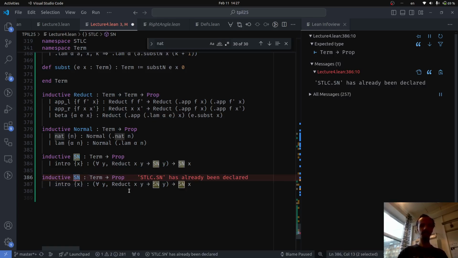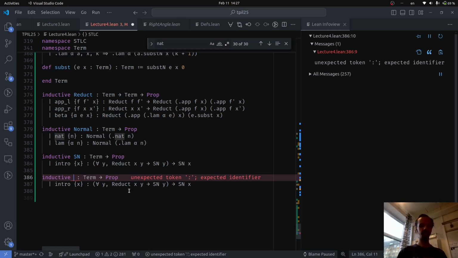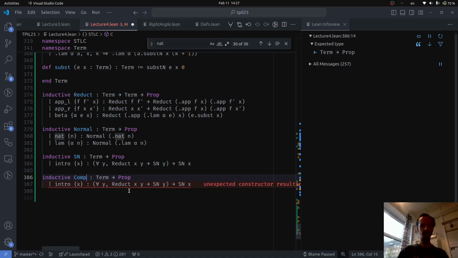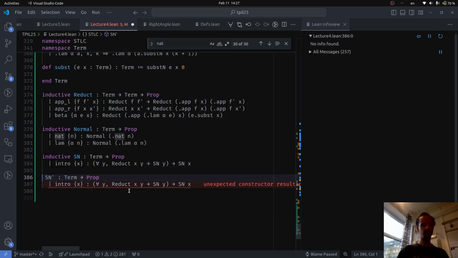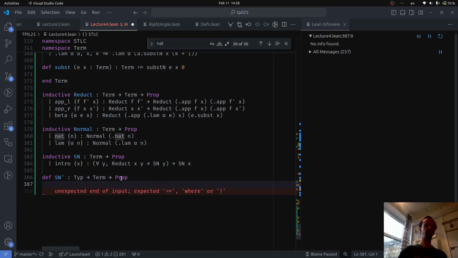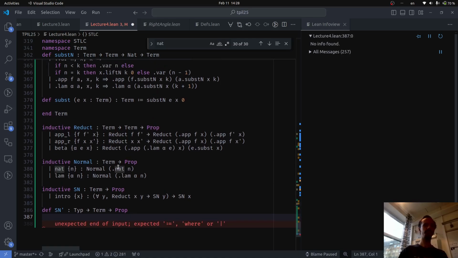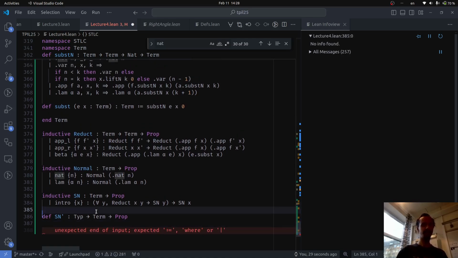I think that there is another definition that we want to make. We haven't yet used the typing.